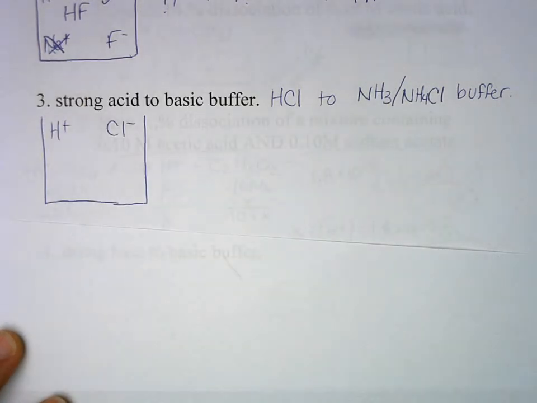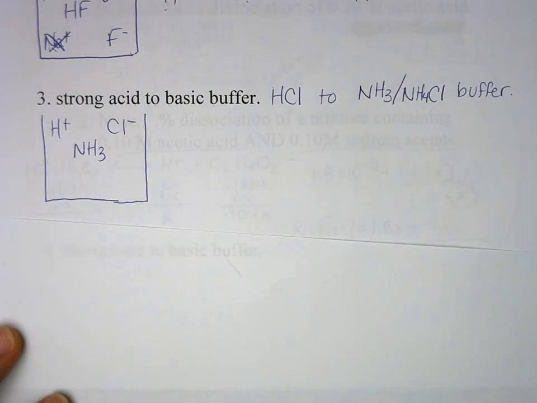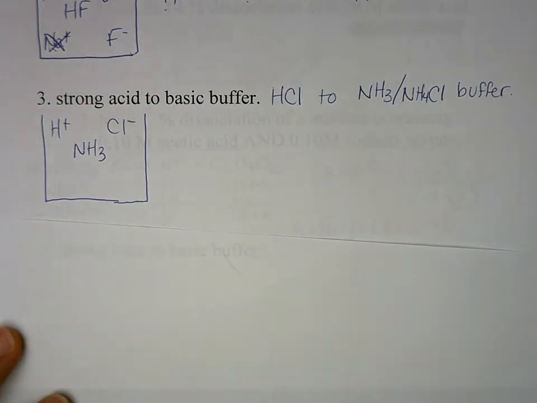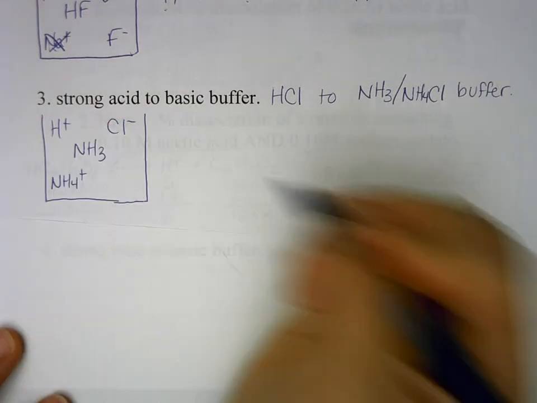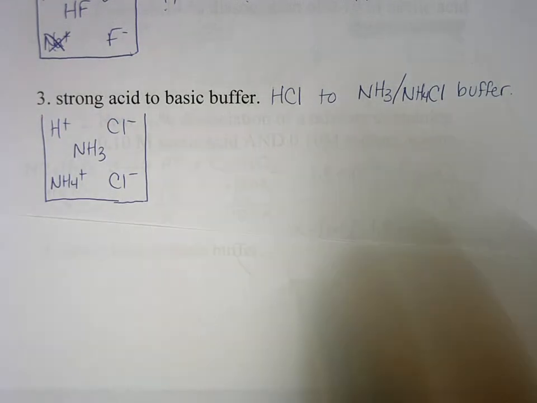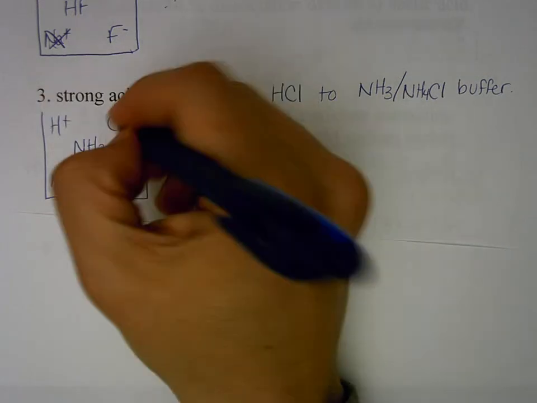NH3 is a weak base, and so it doesn't ionize, stays like that. Ammonium chloride ionizes, it's a salt, so I have NH4 plus ions. I've got chloride ions. Chloride ions cancel.